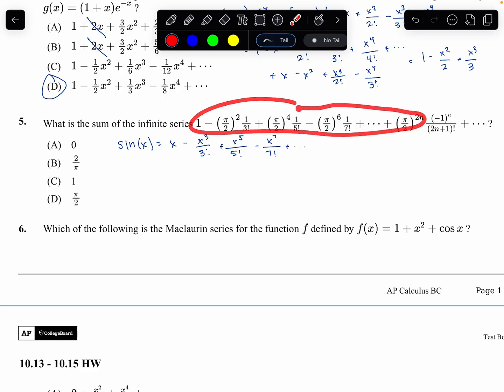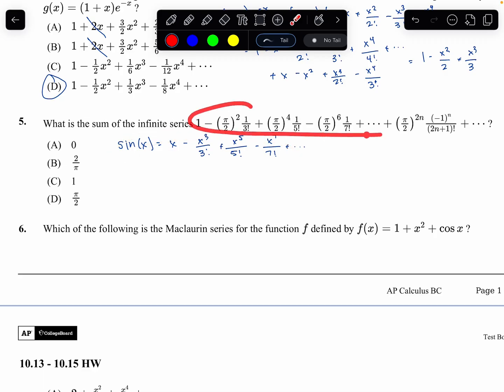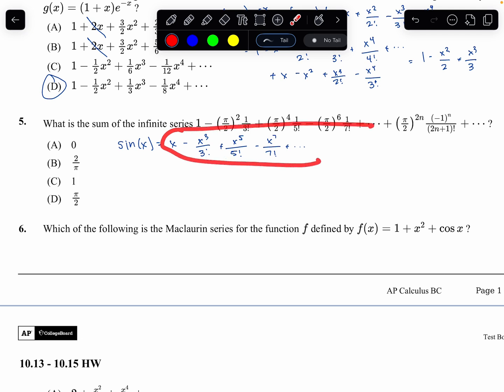But I'm going to start with this, and I need to manipulate this expression to match this expression right here. I can't necessarily evaluate an infinite sum, but I can evaluate this side right here because I'm familiar with sine of x.